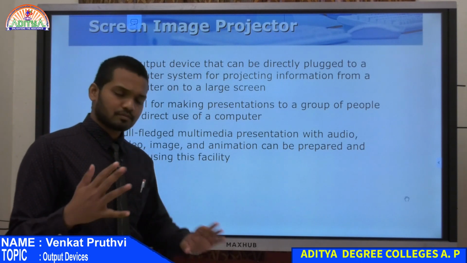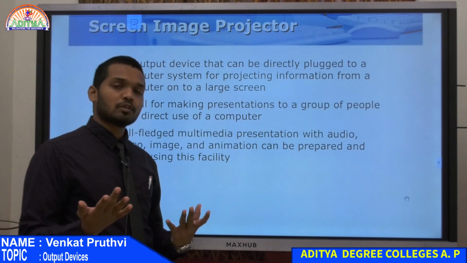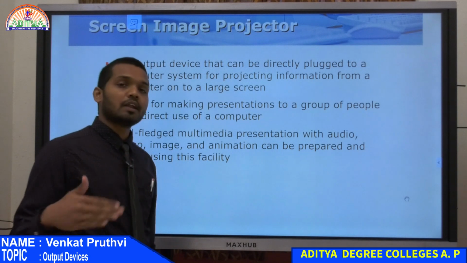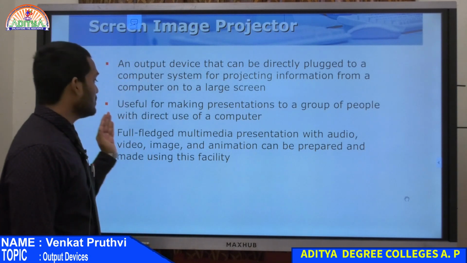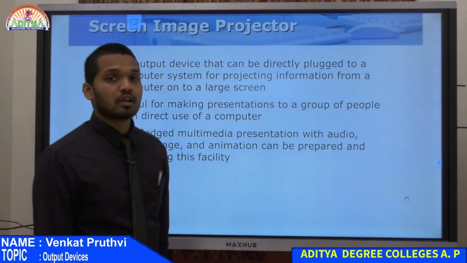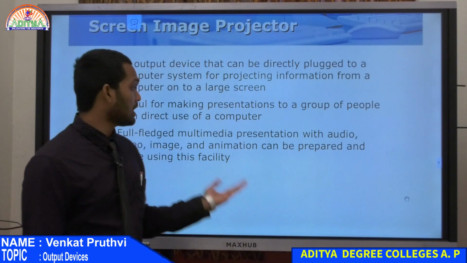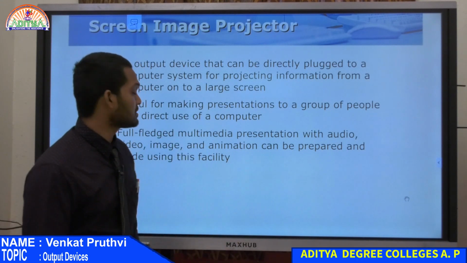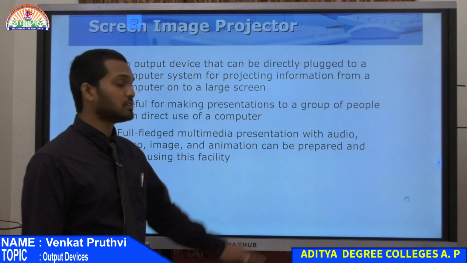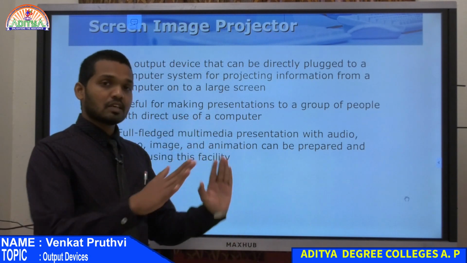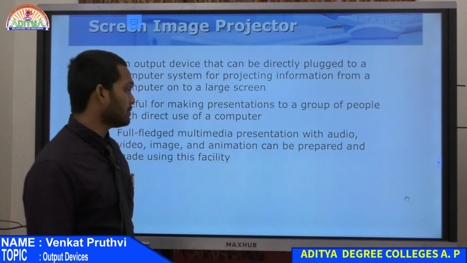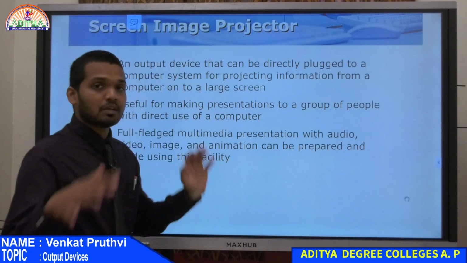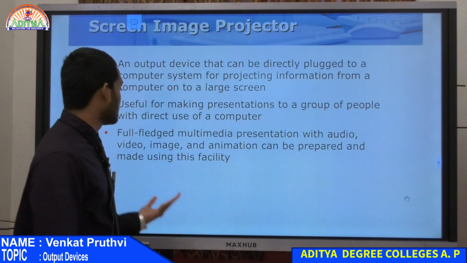Whatever output you give to the monitor or computer screen, when you connect it to the projector, it will be able to give the full-fledged media presentation. The same thing can be exactly depicted onto the projector screen as the magnified image that the projector gives as an output.